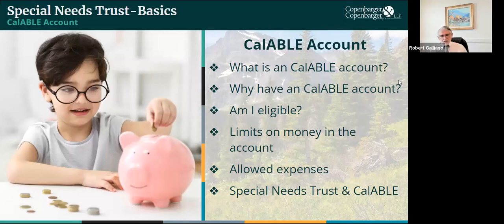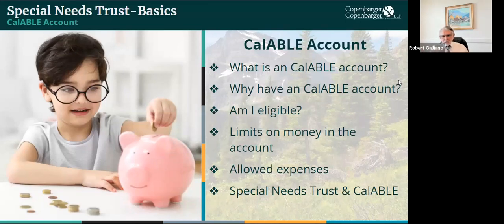You can gift up to $17,000 per person per year in 2023. Well, that $17,000 number is used also in the ABLE account. CalABLE is the California ABLE account. The beneficiary can transfer $17,000 into the account. A parent can transfer $17,000. A friend can transfer $17,000.